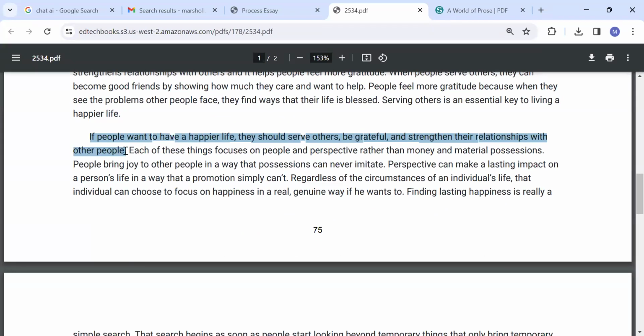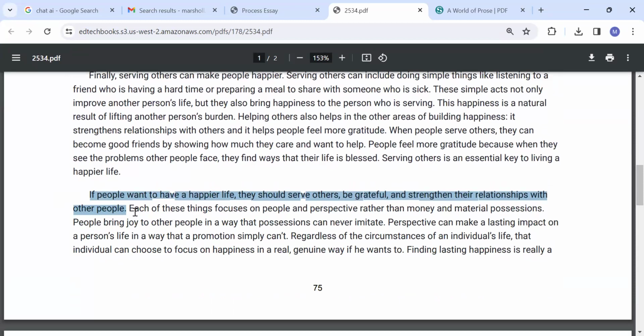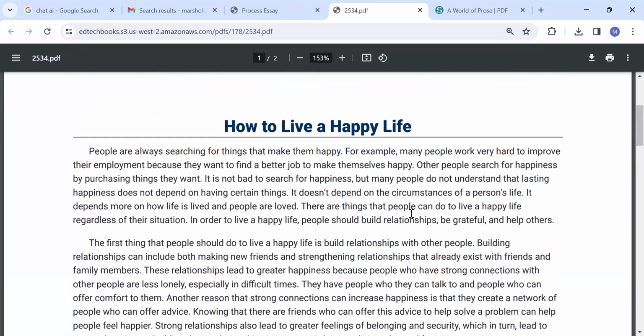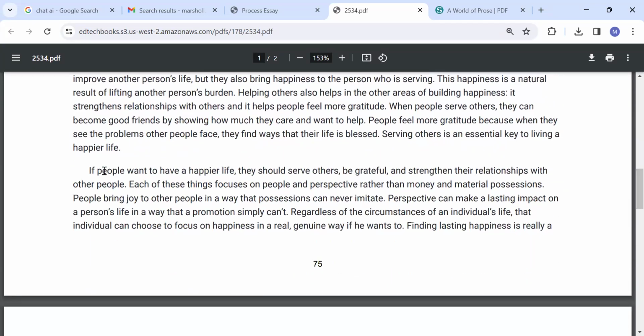Your concluding sentence mirrors your thesis statement because your concluding statement repeats your three major points, whereas your thesis statement introduces your three major points. So your concluding statement mirrors your thesis statement.